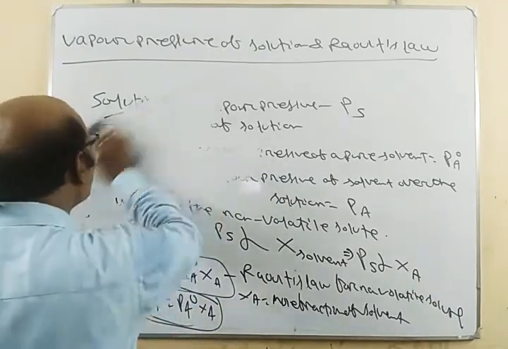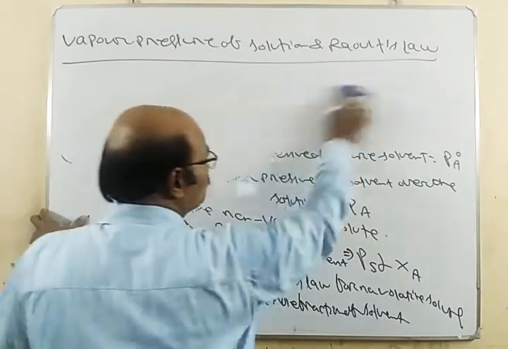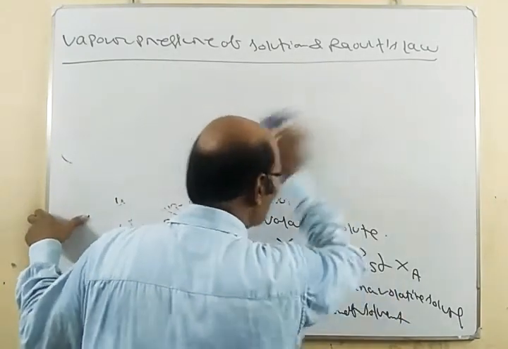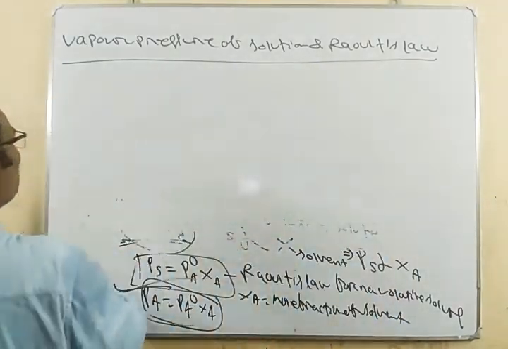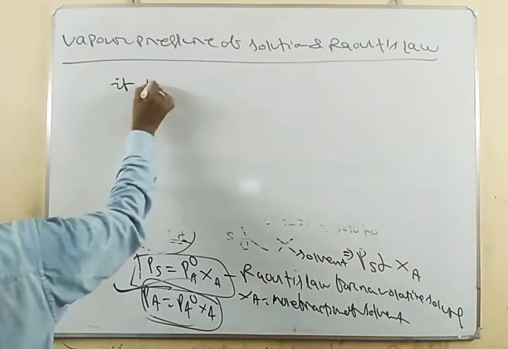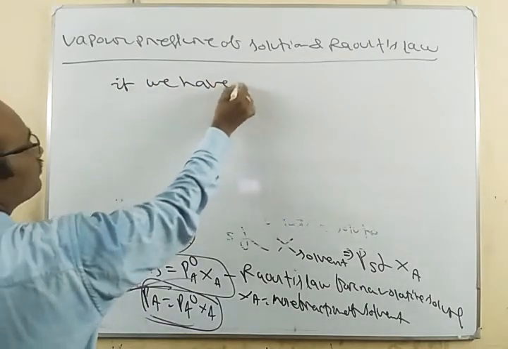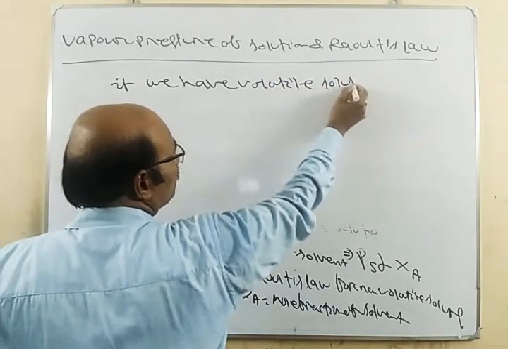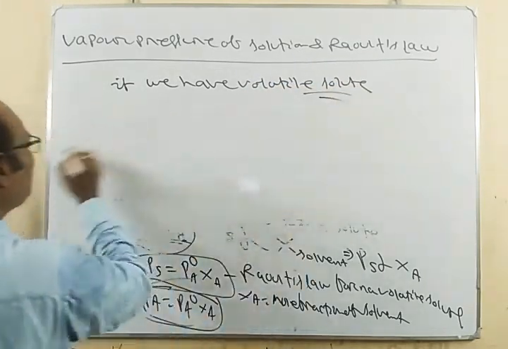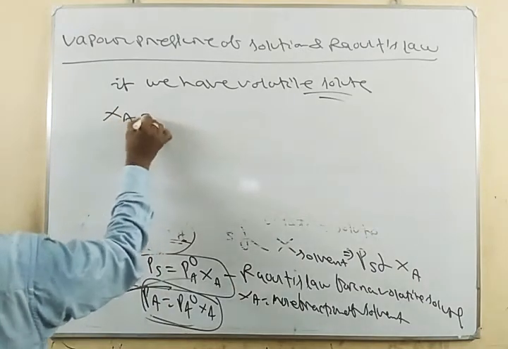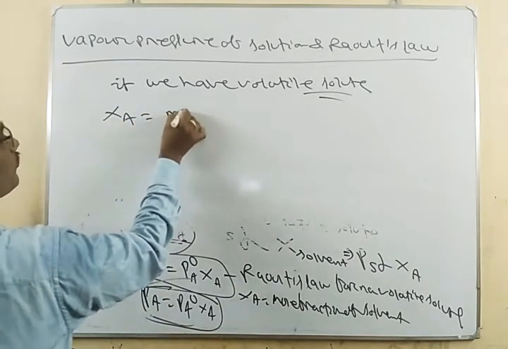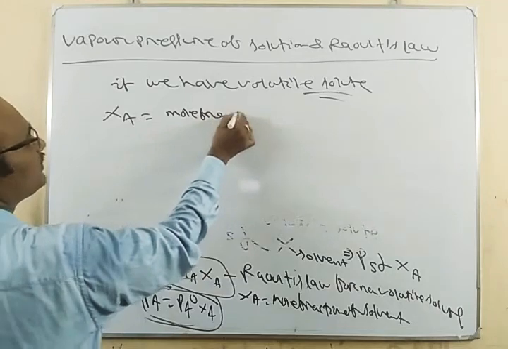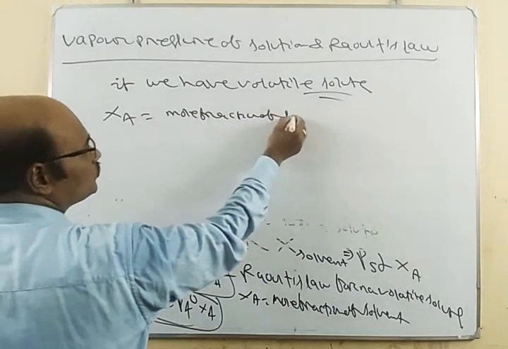Now suppose we have a volatile solute. Let me suppose XA is the mole fraction of the solvent.